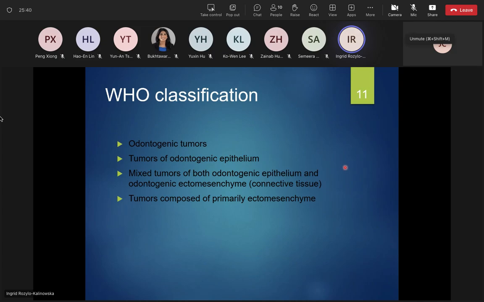In this classification, you can find different tumors, which are divided into tumors of odontogenic epithelium, tumors composed primarily of ectomesenchyme, so connective tissue, and tumors that are mixed, so they are made of both of these tissues.